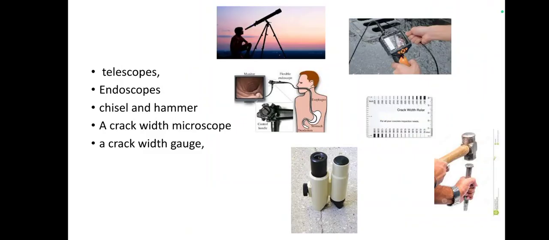And endoscope. Sometimes there may be some hidden locations that we can't access. You know endoscopes are very famous for gastroenterologists. He will use this endoscope to identify any wounds or ulcers in our stomach. He will send a small camera through a wire inside our mouth.